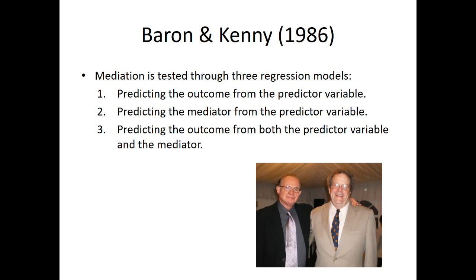You are not mediating. And then lastly, predict the outcome from both the predictor and the mediator at the same time. So you've got a simple linear regression here, a simple linear regression here, and a multiple regression here. Really easy analyses that you can do. It doesn't matter what stats package you're using. Just simple linear regression and multiple regression.